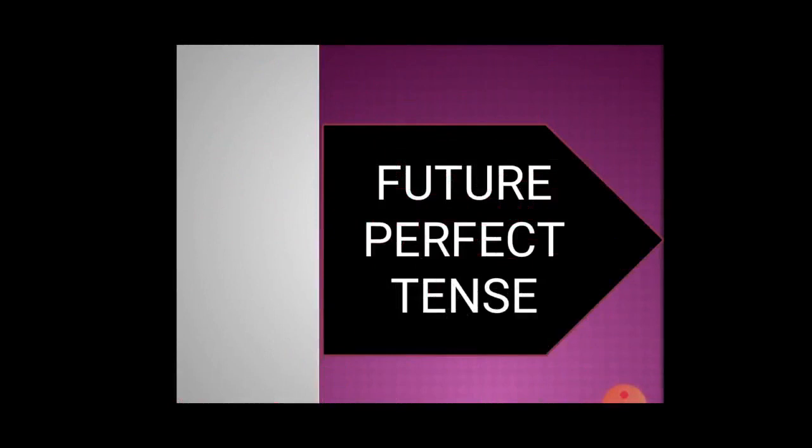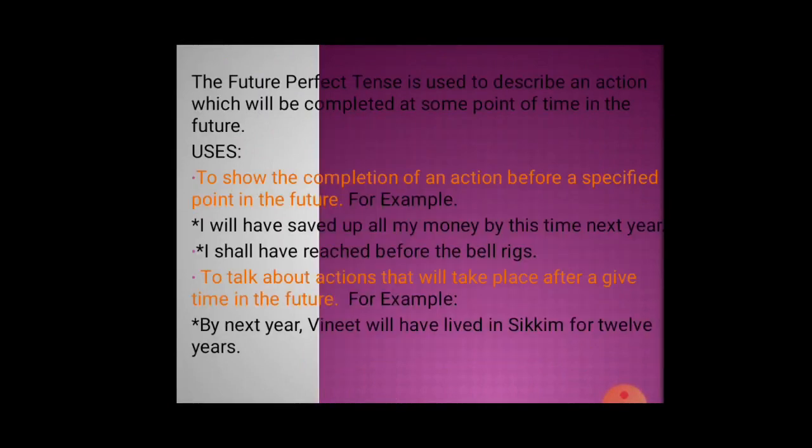Now, future perfect tense. The future perfect tense is used to describe an action which will be completed at some point of time in the future. It is used to show the completion of an action before a specified point in the future.